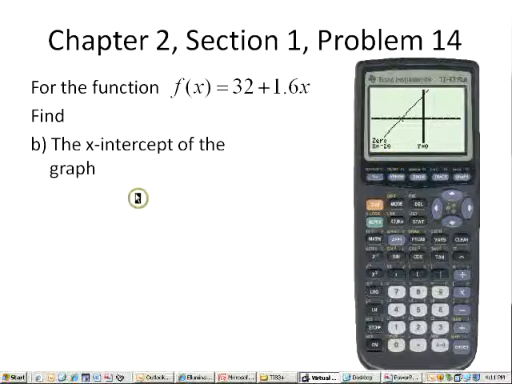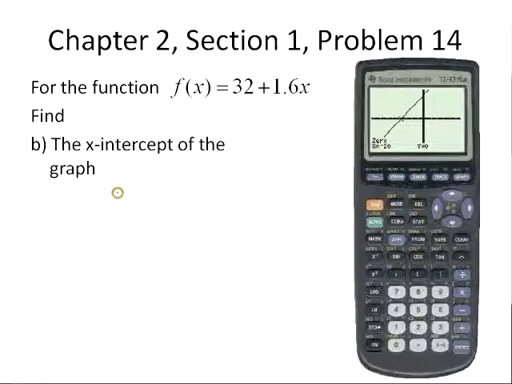So once again, the x value of the x-intercept is equal to -20. In previous classes, you may have seen that they always give the x-intercept as an ordered pair. If I do it as an ordered pair, I'd have the ordered pair -20, 0.